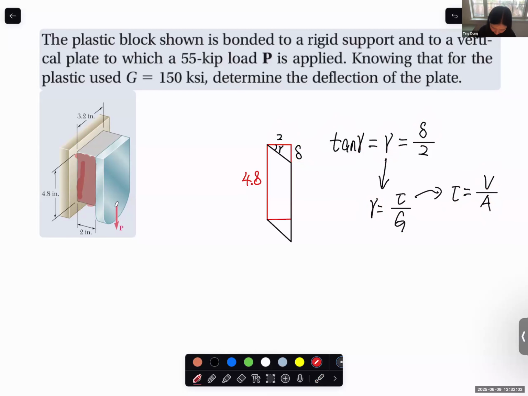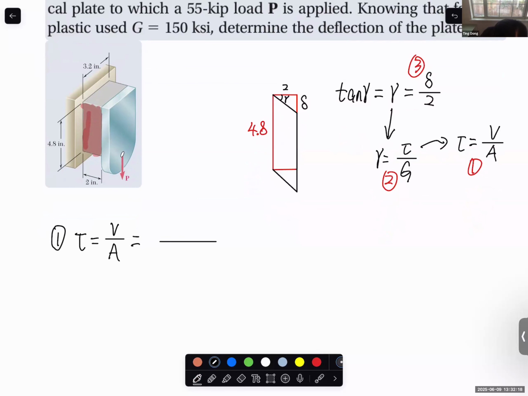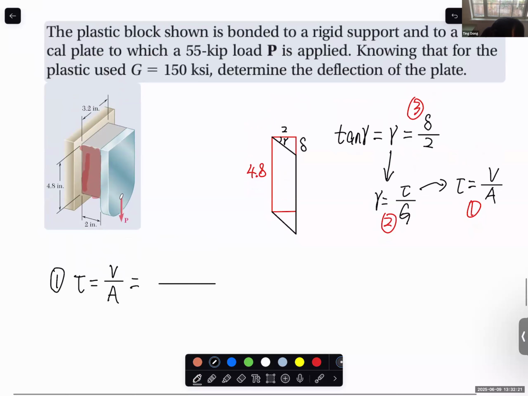So let's go stepwise: first step, second step, third step. Let's do it one by one. Shear stress equal to the shear force over area. What is the shear force and the area in our problem?